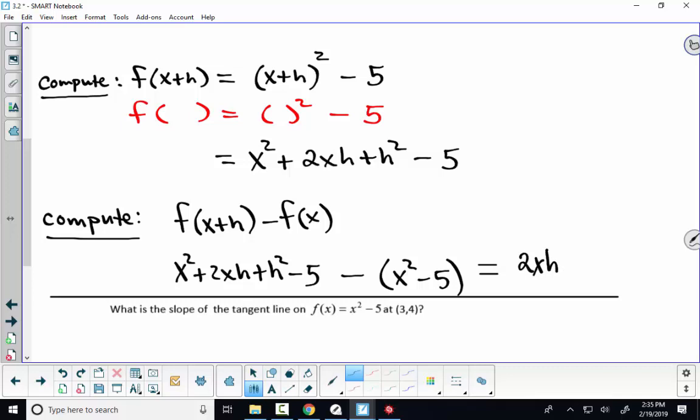We've got h squared. And then we've got a minus 5 plus 5. So we've got 2xh plus h squared. Anyone have any questions on that?